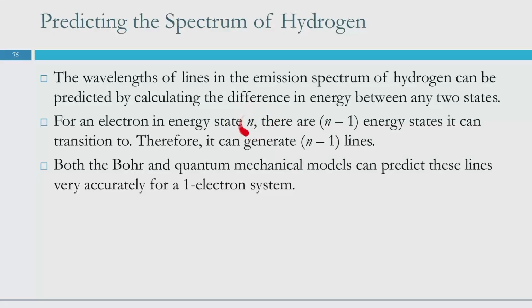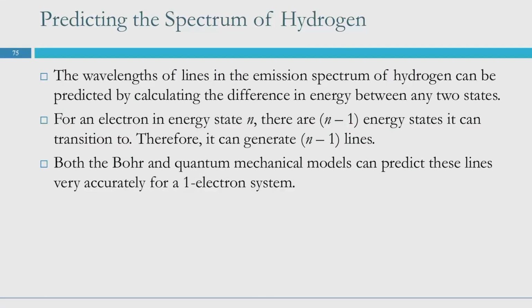For an electron that's in the energy state n, one of those spots is occupied, and so it can jump to the n minus 1 energy state. It can't jump to the same state that it's in. That would just be staying where you are. You can't say that you went somewhere over spring break and the place that you went is your house because you were there the whole time. It's not how it works. So this is a similar thing but for electrons. And so we can get n minus 1 lines.